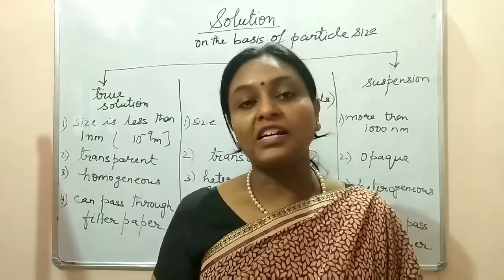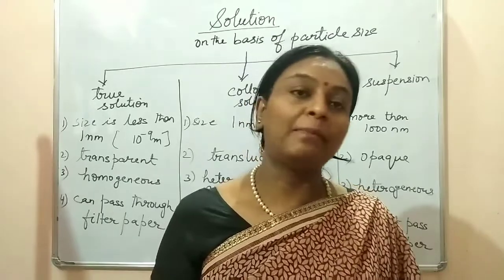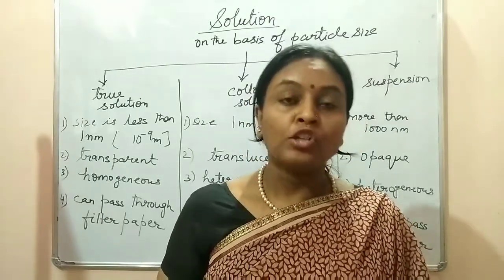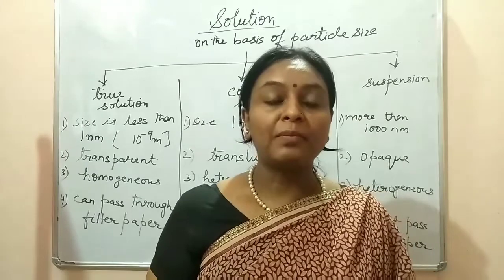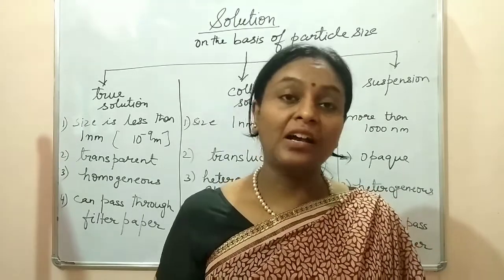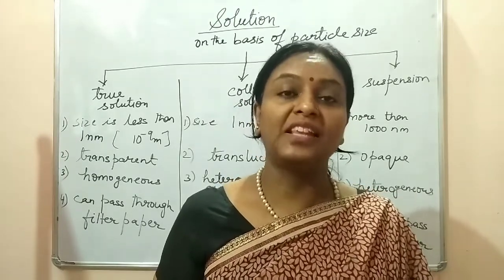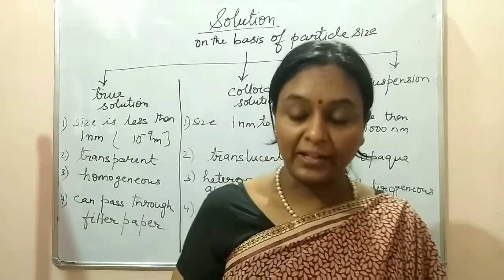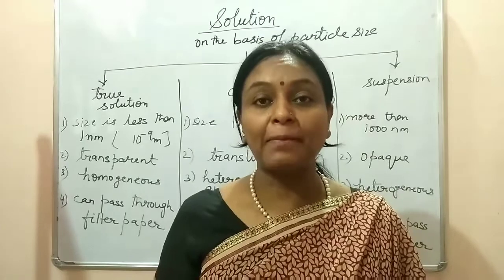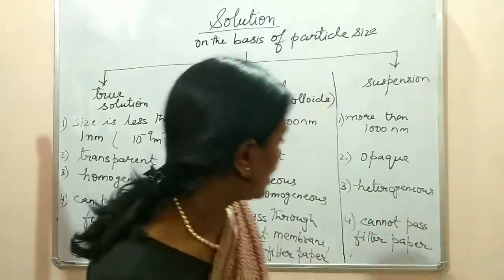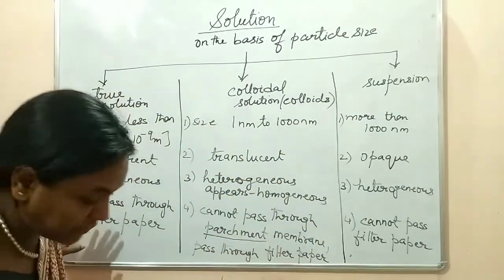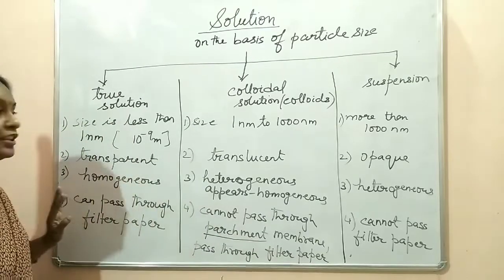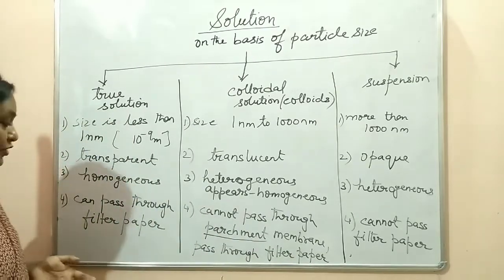An example of parchment membrane is animal skin or animal membrane. So it is also known as semi-permeable membrane. So these are the points. You can take a screenshot to prepare the notes. I'm going to discuss the next points.